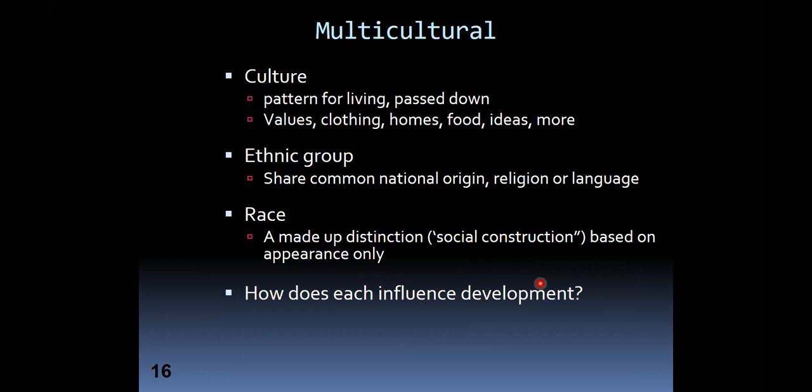It's a pattern for living that's passed down from one generation to another that might involve things like values, what is thought of as being most important, the type of clothing that's worn, the type of homes that people have, the type of foods that's eaten, the ideas that are prevalent, and so on. So culture is primarily on the level of ideas and the way people do things.